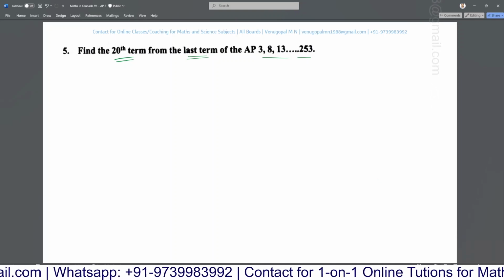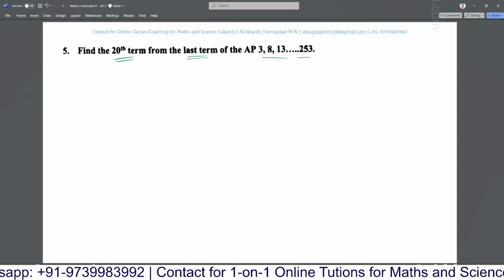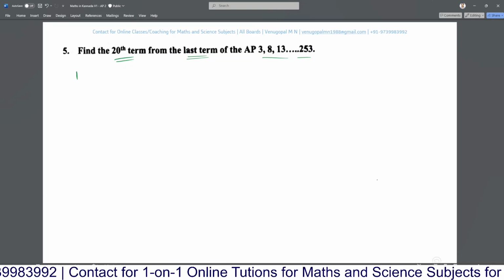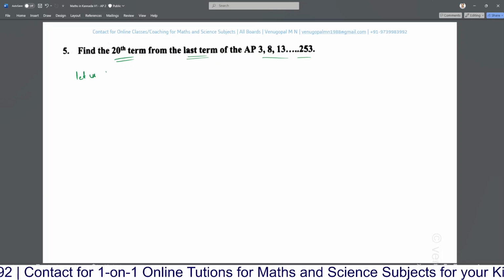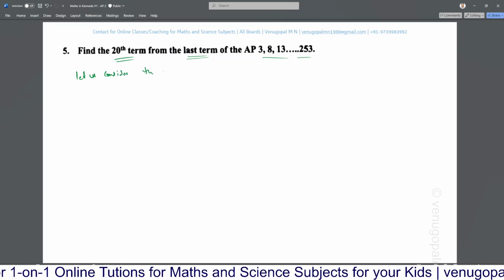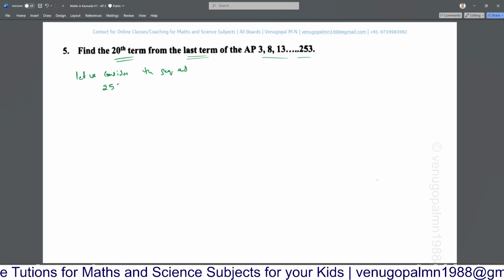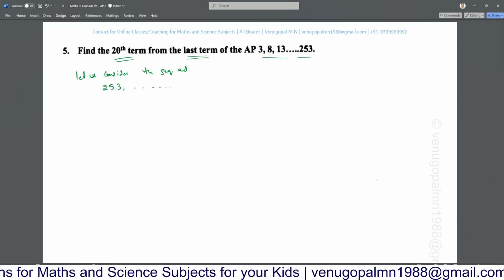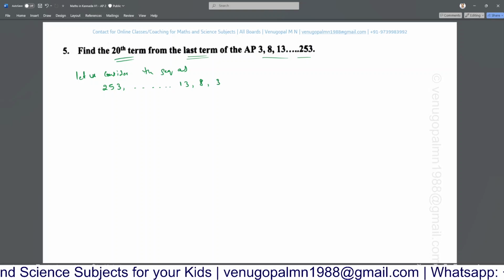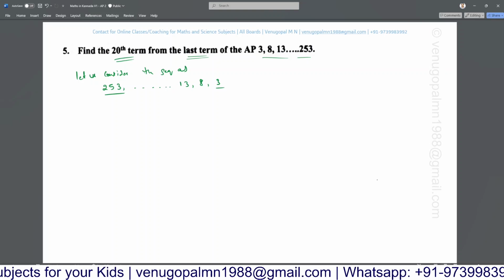Generally we know how to find terms from the start of an AP. So let us consider the sequence as 253 being the first term, then 13, then 8, then 3 would be the last term. So 253 is the first term and 3 is the last term of the given AP.